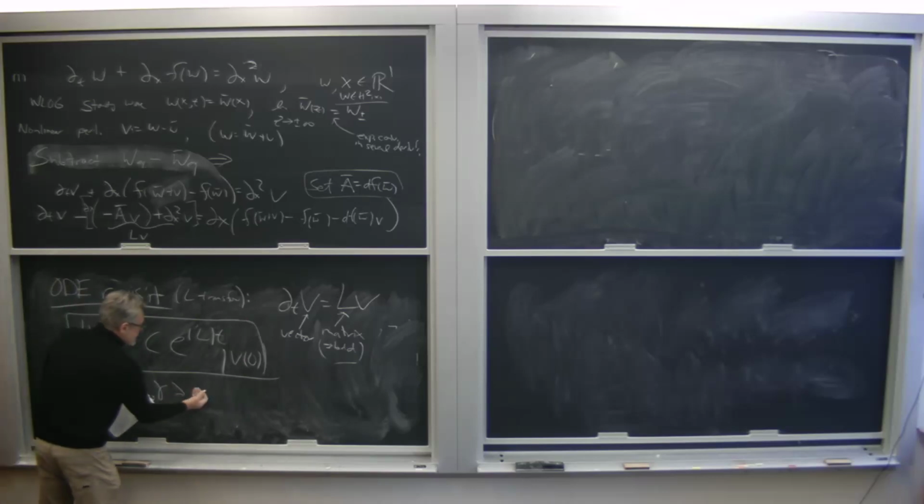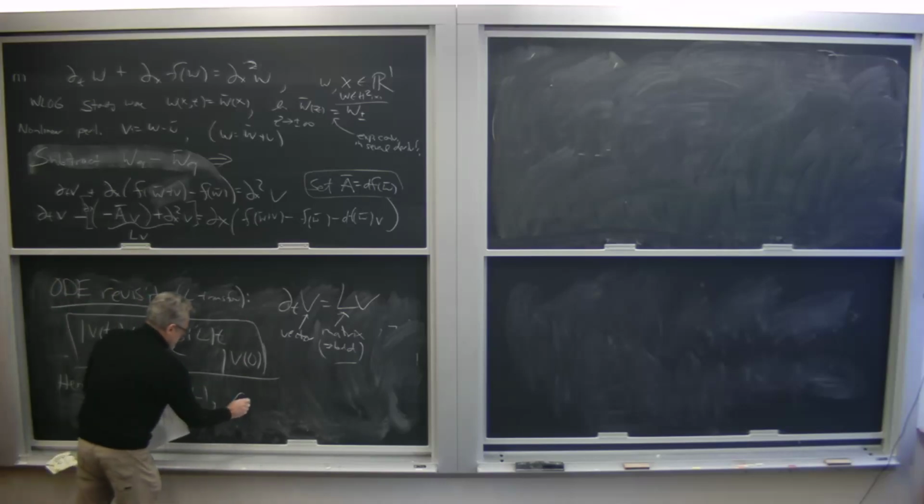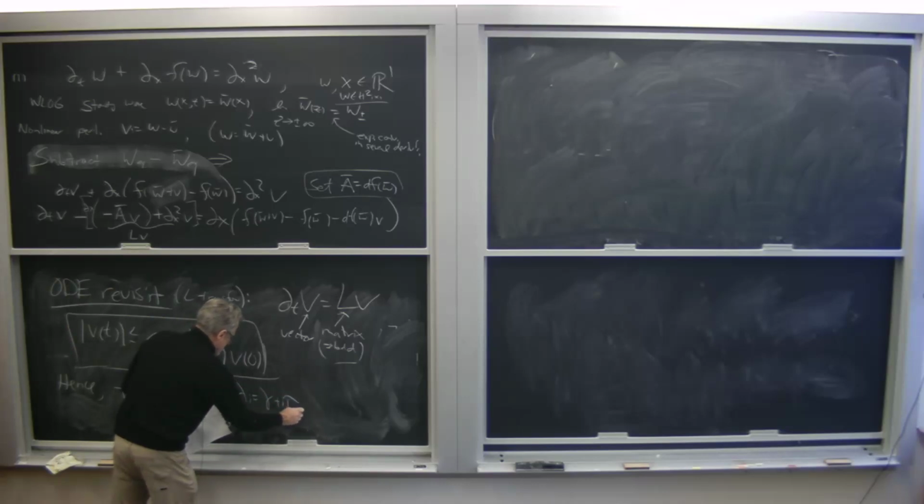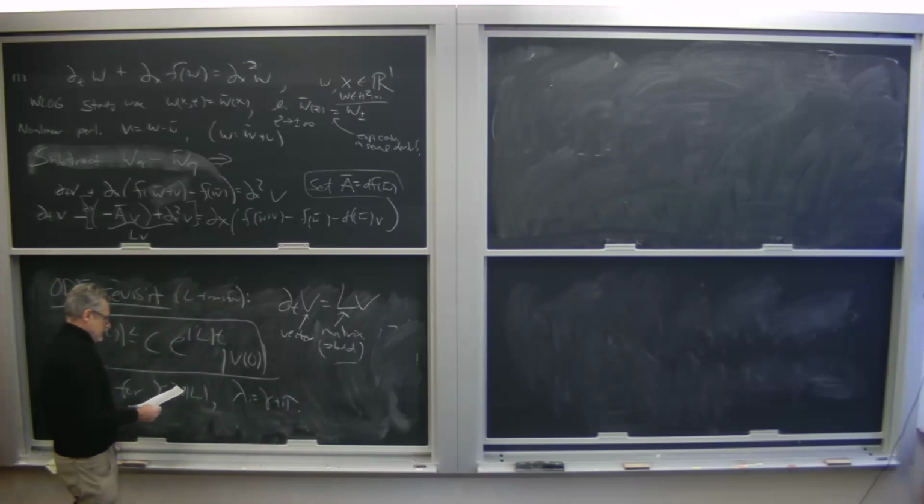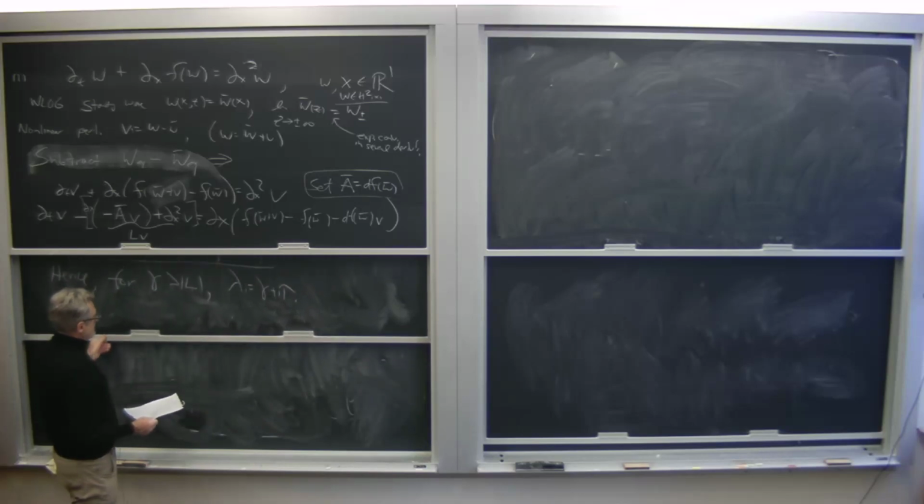Okay, so for any gamma bigger than the norm of L, we'll denote lambda as gamma plus i tau, and we can take the Laplace transform.